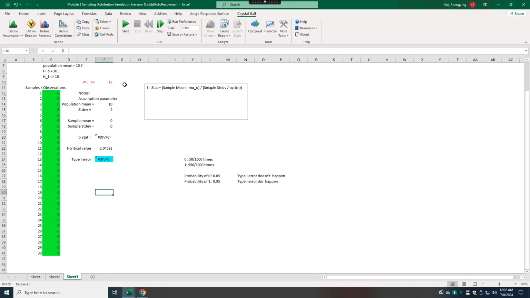Probably our analysis will show we have to reject the null hypothesis. So can anyone predict what the percent of the type 1 error will be?